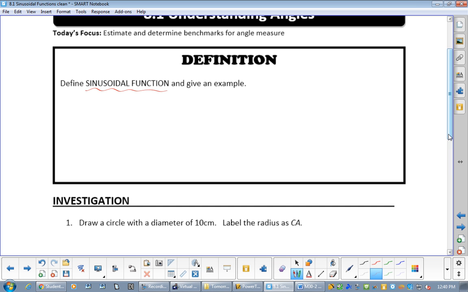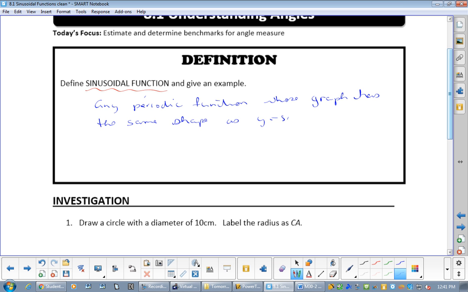But a sinusoidal function is any periodic function whose graph has the same shape as y equals sine x, or cos x.